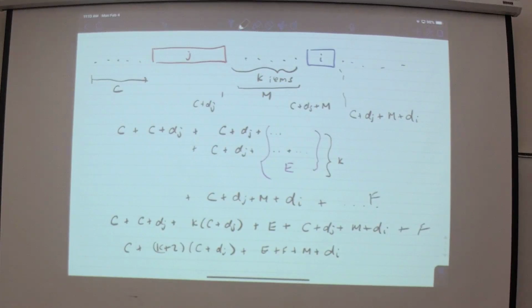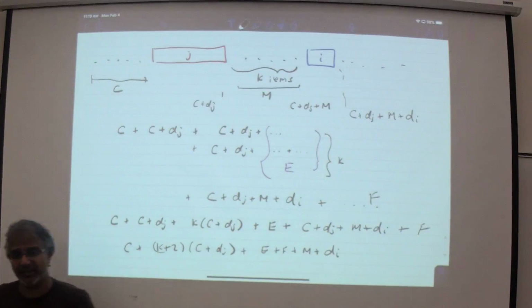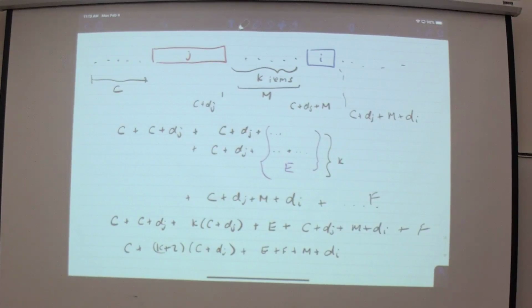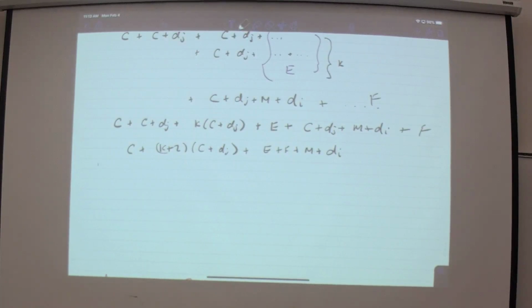If you now swap I and J in this optimal solution, what is going to happen? You're going to get the same expression, but with I and J swapped, right? You're going to do a whole bunch of additions with respect to I, and then you're going to have one with respect to J, right? If you take the difference of these two, so this is the cost with J and I the way they are. So let's imagine that you now swap I and J and take the difference.